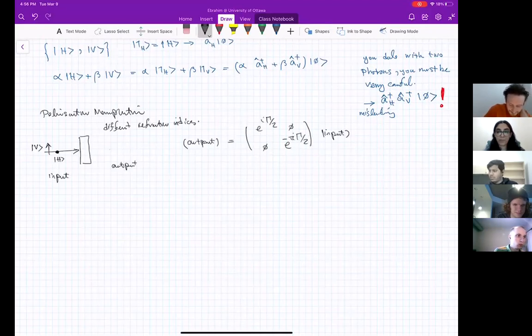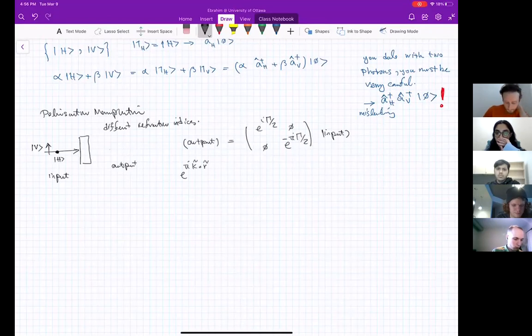All right. Okay, maybe I jumped a little bit fast. For any material, the propagation of light in the material differs from free space propagation by a refractive index. When you propagate in air, you get e to the i k dot r.